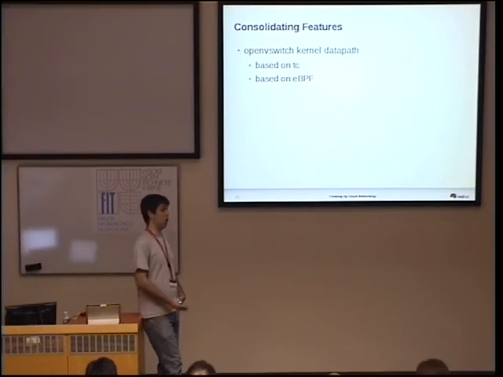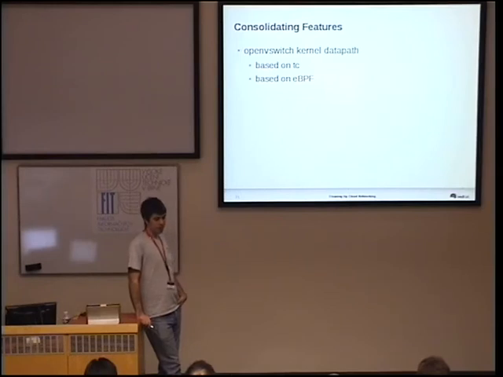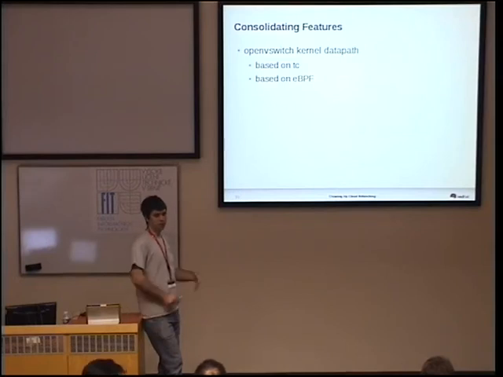Or, which is probably the more likely option, we can replace the kernel data path with eBPF. eBPF is a kind of bytecode that's interpreted in the kernel or optionally JIT compiled in the kernel, and you can basically program what should be done with different packets, where they should be forwarded to, how they should be changed, and so on.